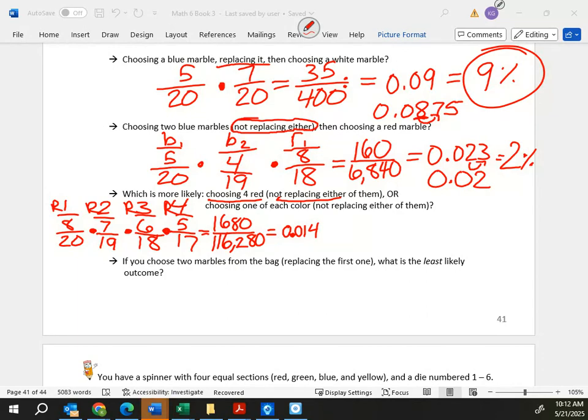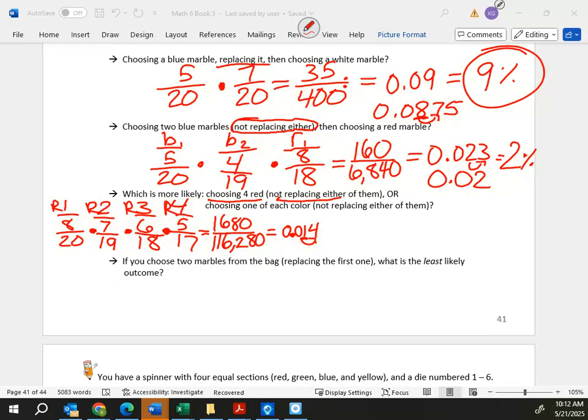0.014. Where do I want to round to, Sarah? The hundredths place is that second place, so that 1 is followed by a 4. So what do I round that to? It's not 0.1, because you're dropping off that tenths place.